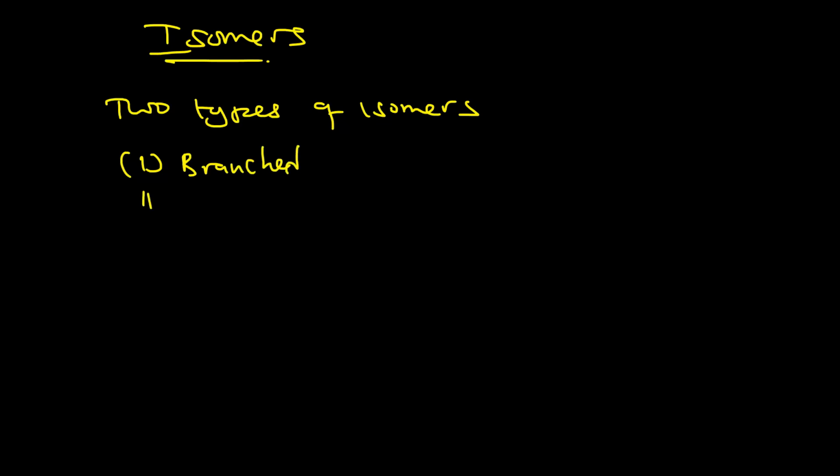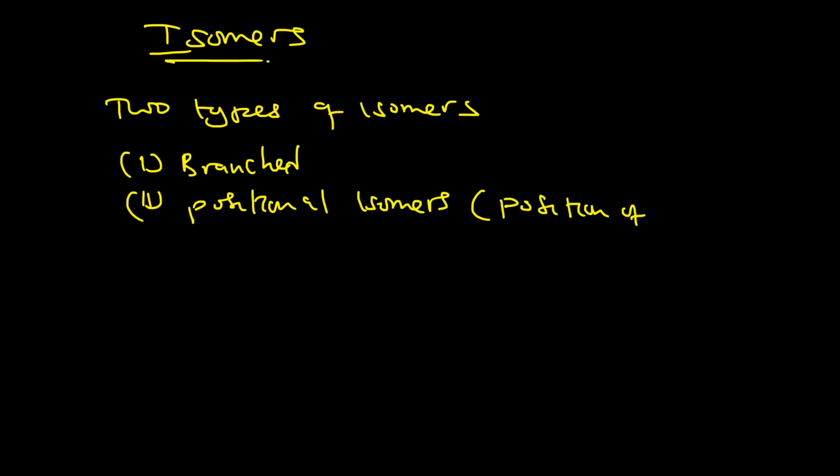The other one is positional isomers. When you talk of positional isomers, we are just looking at the position of the double bond. So we are going to begin with the positional isomers and just look at where the double bond is.